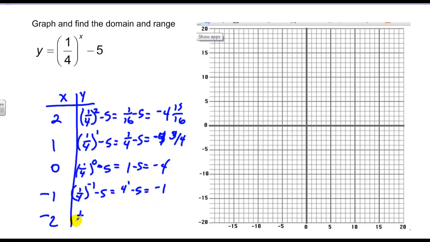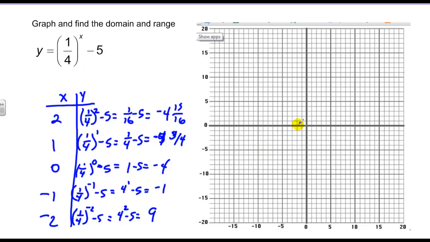And 1/4 raised to the -2 minus 5 is equal to, take the reciprocal, exponent's positive, minus 5, that's 16 minus 5, which is 9.